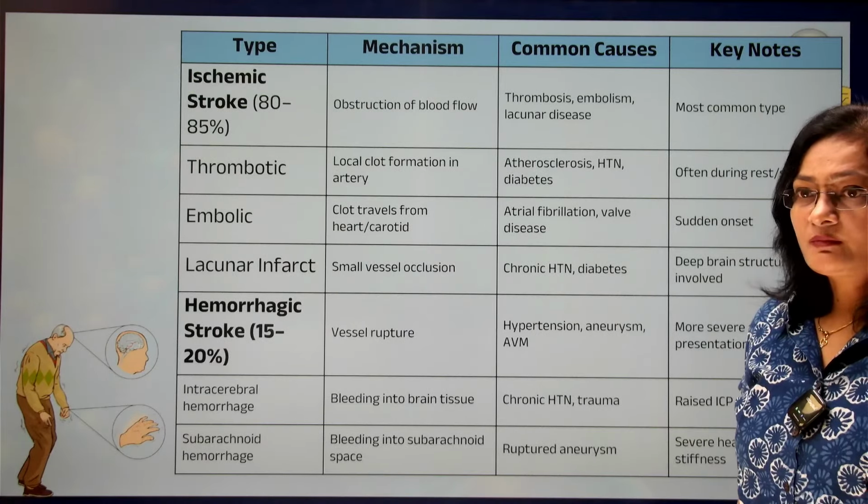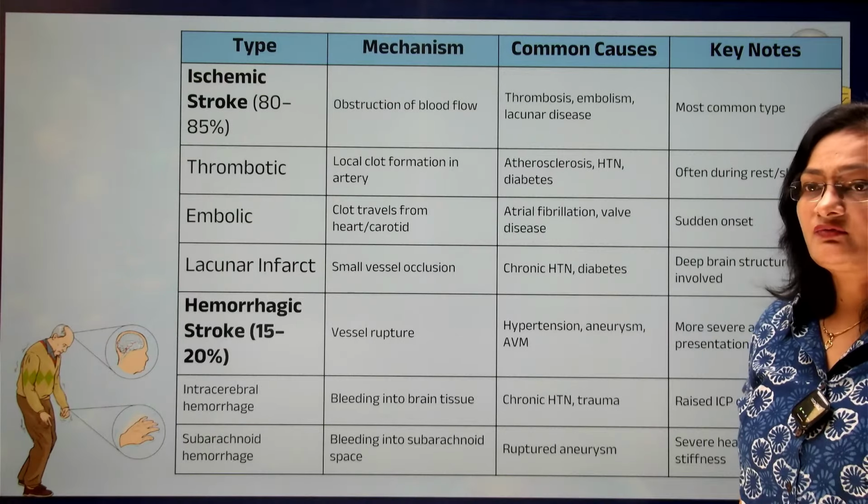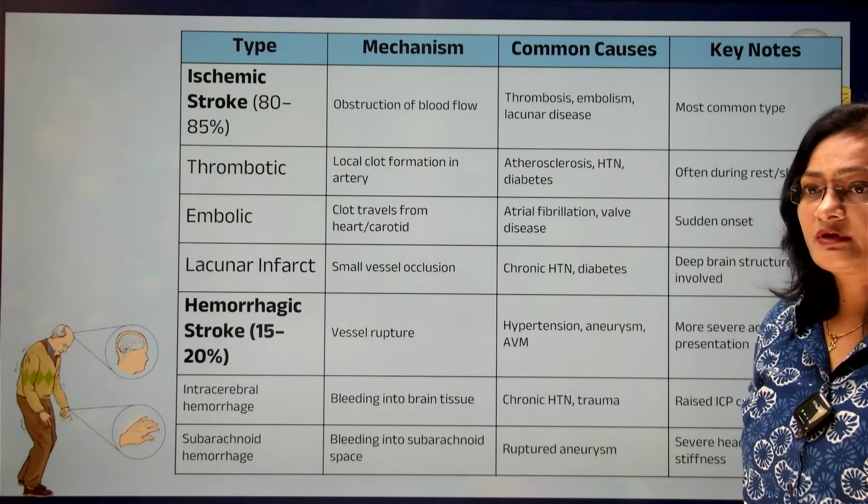Thrombotic, it is most common, as we have discussed, 80 to 85% of the people will suffer from it. Then it will have always sudden onset and deep brain structures, they are involved in the thrombotic type of the stroke. Hemorrhagic stroke, it may be produced because of rupture of the vessels, bleeding into the brain tissues and bleeding into the subarachnoid space.